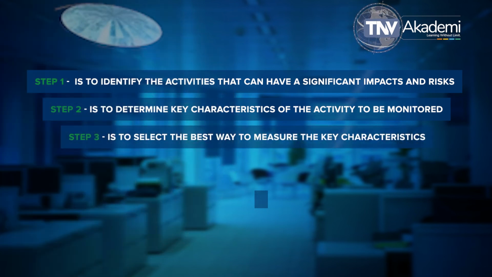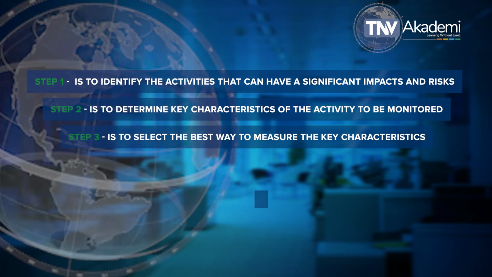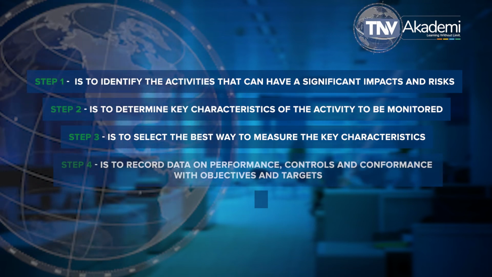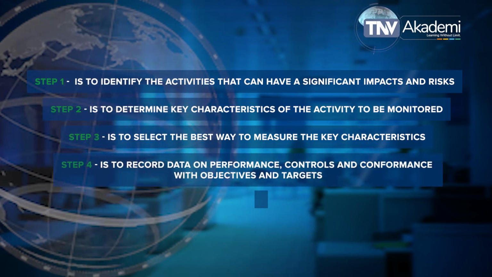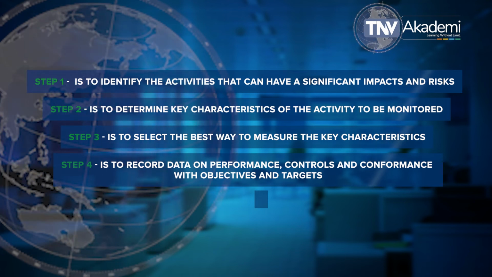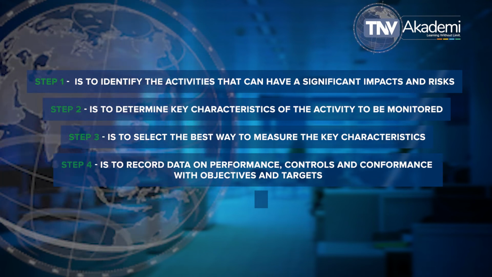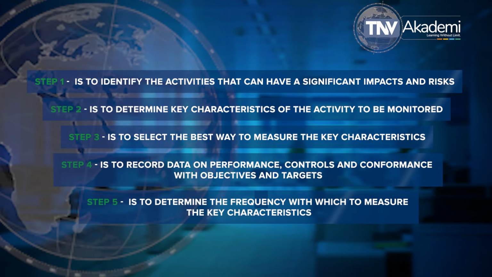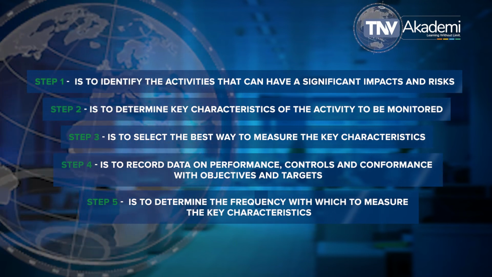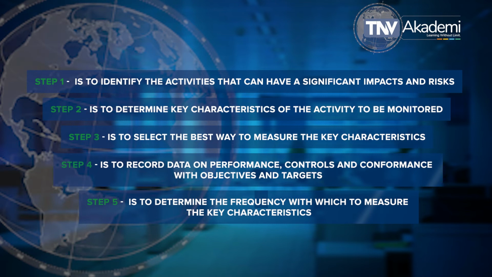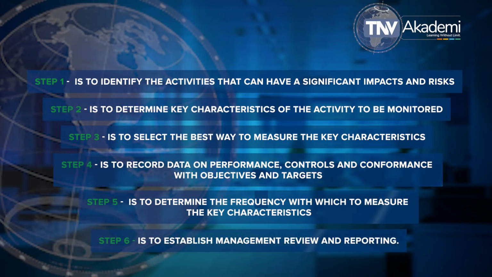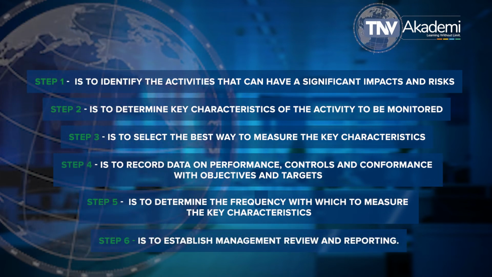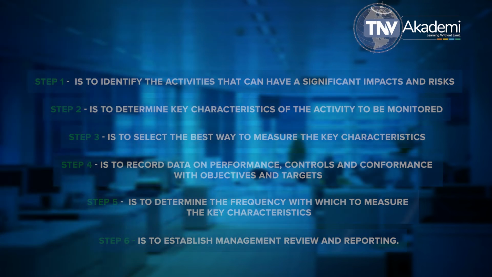Step 3 is to select the best way to measure the key characteristics. Step 4 is to record data on performance, controls, and conformance with objectives and targets. Step 5 is to determine the frequency with which to measure the key characteristics. And Step 6 is to establish management review and reporting.